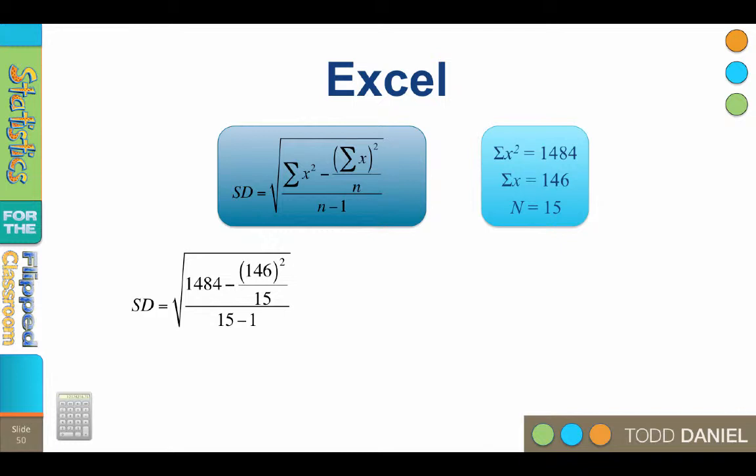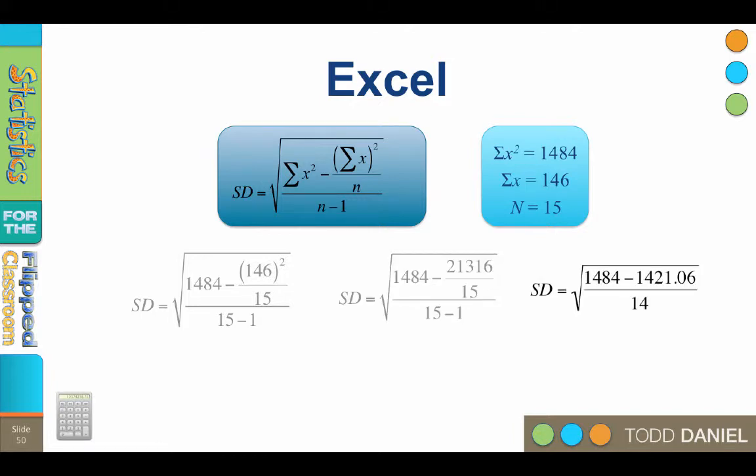Then we would move to exponents. We have a square. We would square the 146 to get 21,316. Then we move to division, still trying to clean up the numerator. 21,316 divided by 15 is 1421.06. Then we do subtraction.